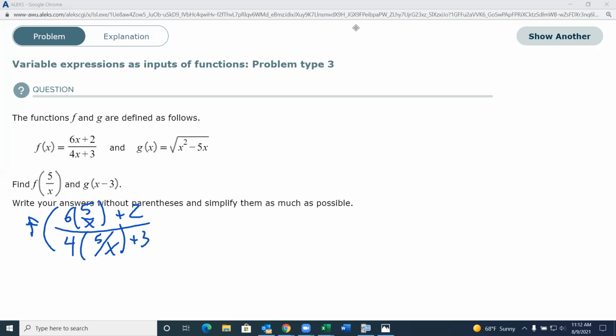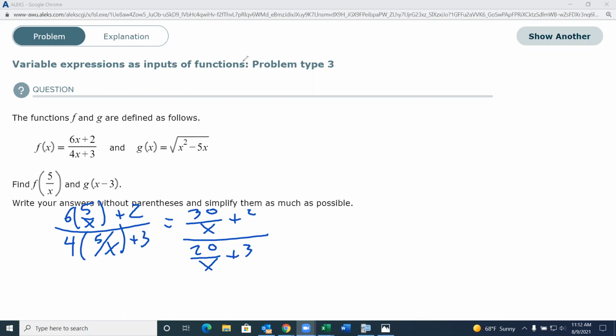Oh, I don't know why I put that f down there. That was unnecessary. Let me get rid of that. Okay. So now it's mainly just an algebra problem that has nothing to do with functions for the most part. So I'll get 30 over x plus 2, 20 over x plus 3.